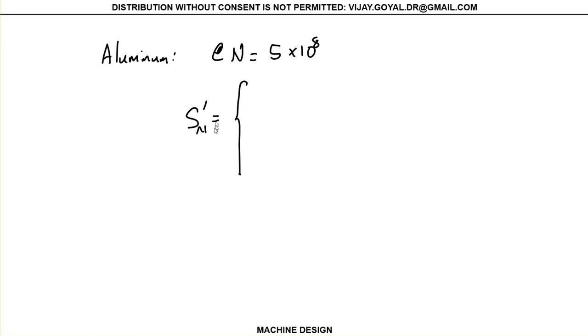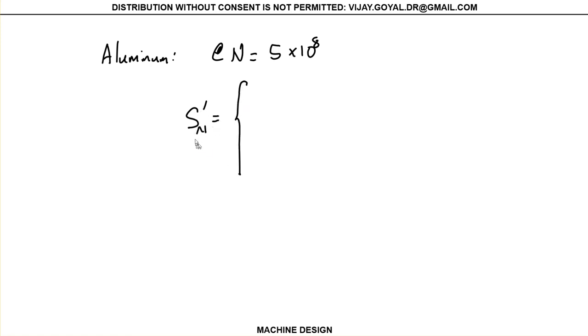Now, if we are working with aluminum, aluminum is a typical material where your N is actually at 5 times 10 to the 8. So in this case we're going to use S_N. Why are we going to use S_N? Because we don't have a knee. I like to make this distinction. There are books that don't make the distinction.